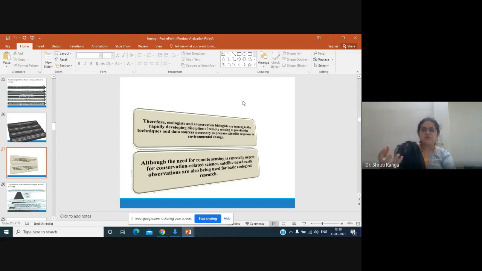Satellite based earth observation is also very useful for basic ecological research. Without it your studies will not be strengthened. So this has provided a more powerful tool as far as conservation related studies are concerned.